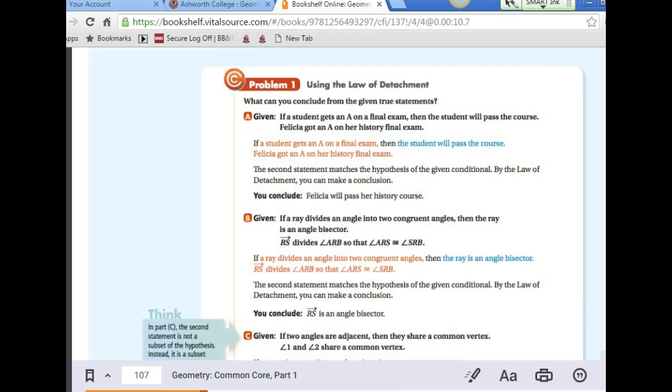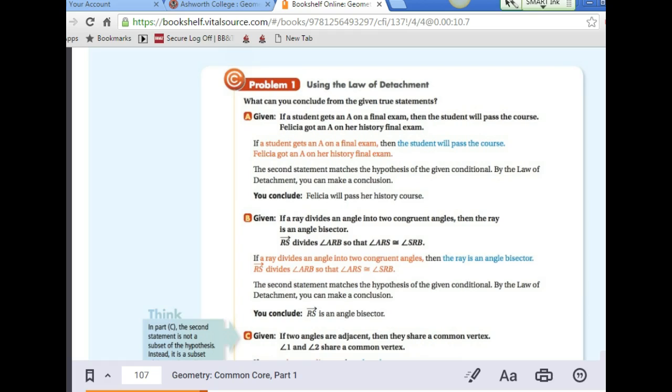B. If a ray divides an angle into two congruent angles, then the ray is an angle bisector. So again, the hypothesis and the second statement is that ray RS divides angle ARB so that ARS is congruent to SRB. So again, the hypothesis of the original statement is that a ray divides an angle into two congruent angles.